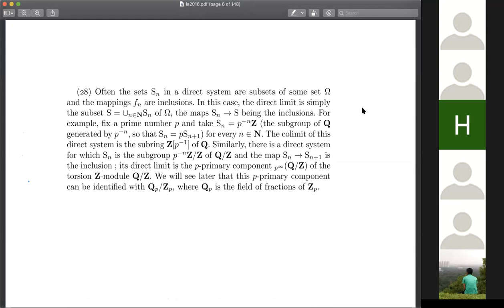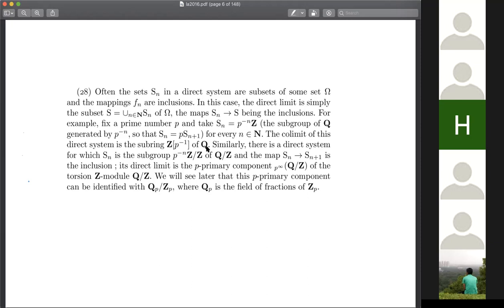So there are these inclusions, right? Basically, S1, for example, is the subgroup generated by 1 by p. And S2 is the subgroup generated by 1 by p squared. So p times 1 by p squared is, of course, going to be 1 by p. So the first subgroup is contained in the second one, and so on.